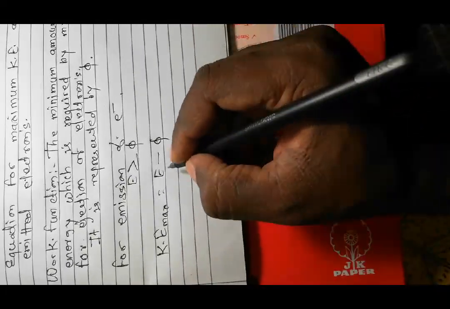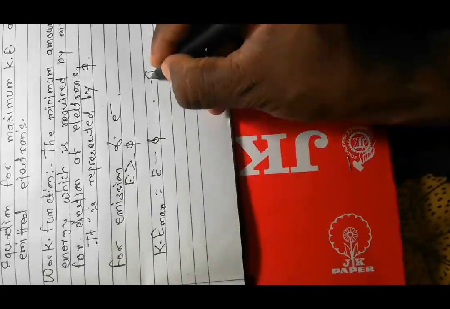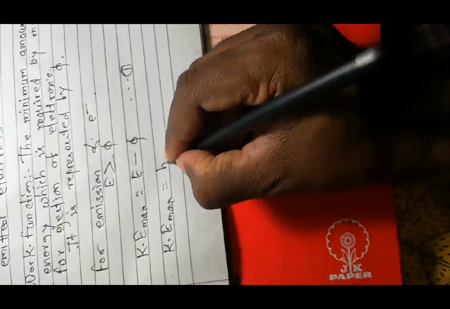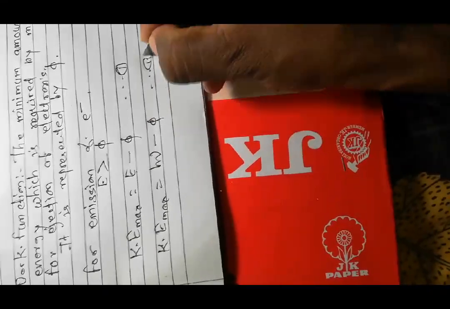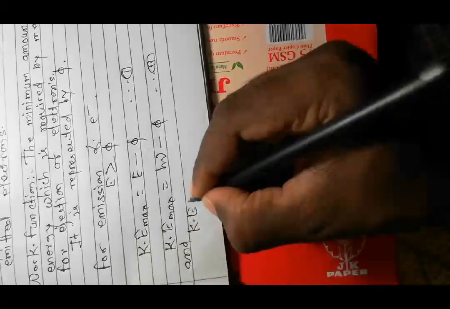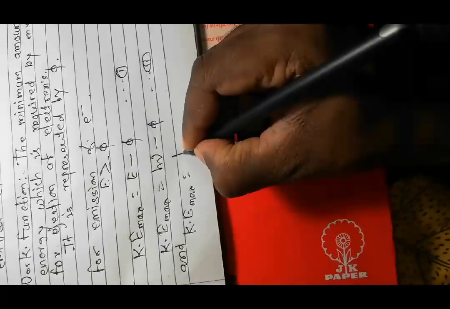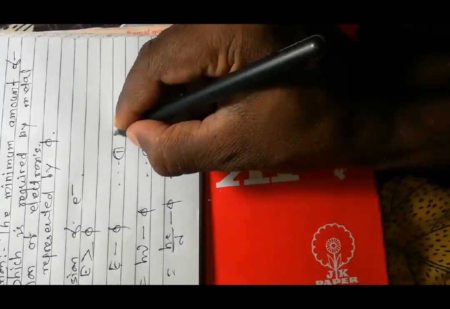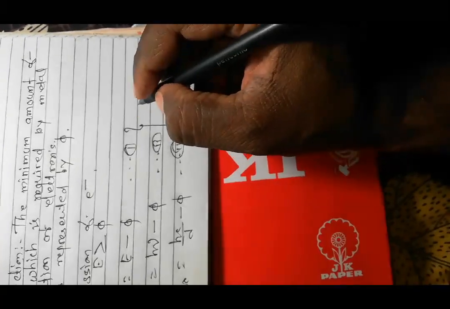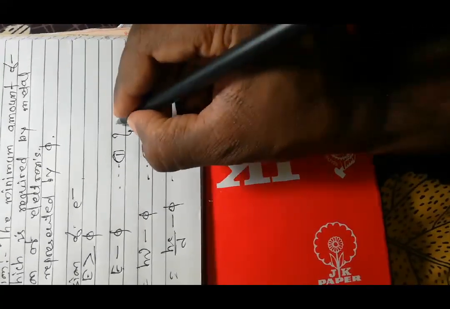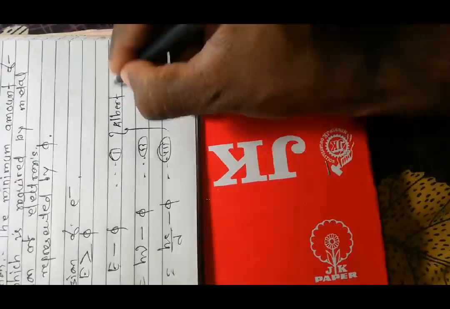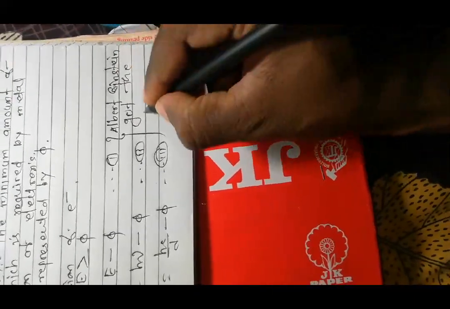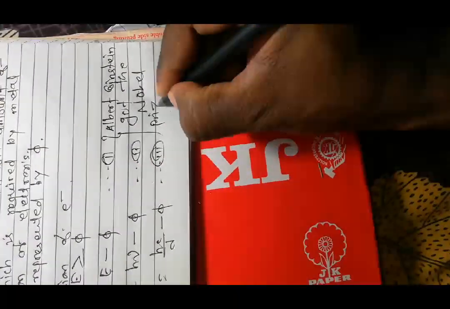Now putting in the value of E, we get the equation of maximum kinetic energy: h nu minus phi, and KE max is equal to h c upon lambda minus phi. These are the equations for maximum kinetic energy, and for this equation Albert Einstein got the Nobel Prize. Thank you.